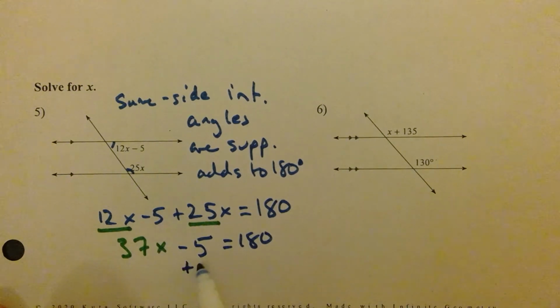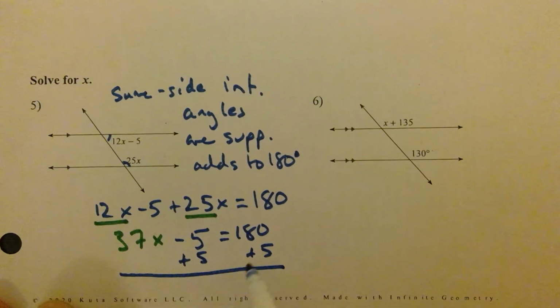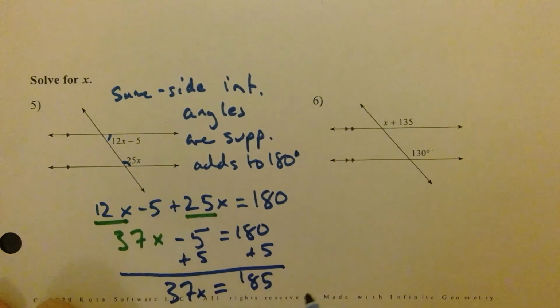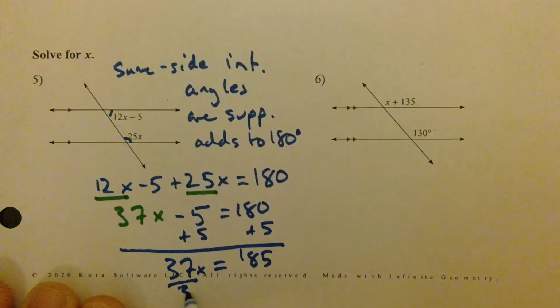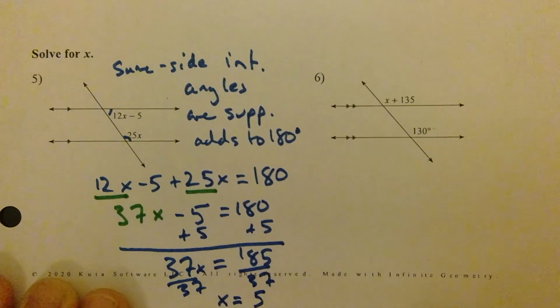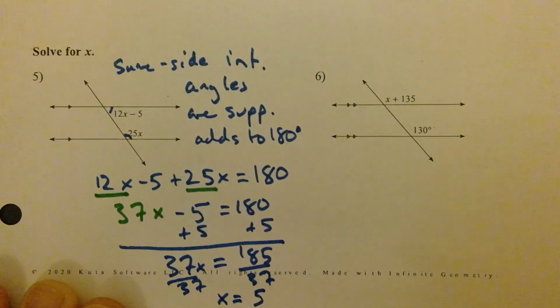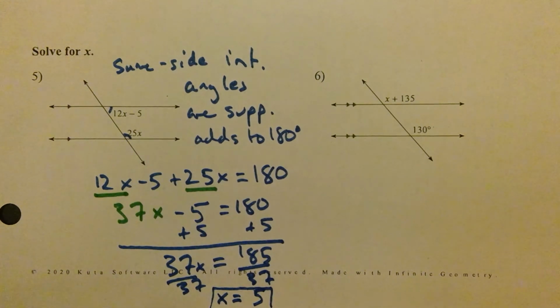Now we'll add 5 onto both sides. We get 185 equals 37x. Divide by 37, divide by 37, x equals, let's think for a second, that looks like it's going to be 5. So x will equal 5 here. All right, so go ahead and try number 6 on your own before we go over that together.